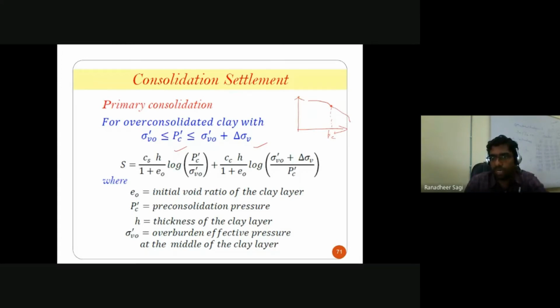So for this normally consolidated portion, what is your initial effective stress? It is once again your maximum past pressure. Finally it is going to be your sigma f dash. Accordingly we are required to calculate, and this is how we calculate the primary consolidation that is getting developed in your soil.